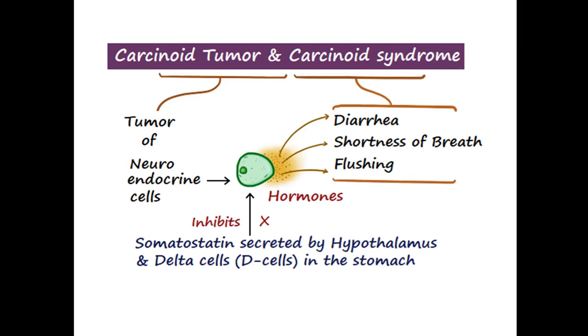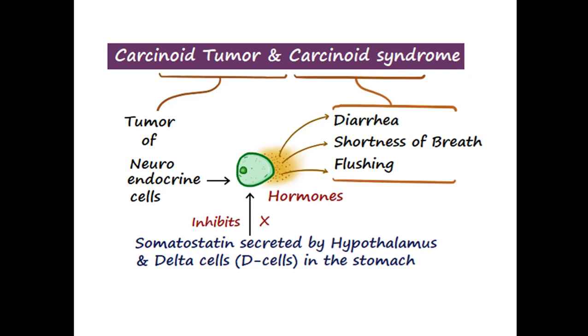But here in the stomach, this somatostatin is secreted by the D cells, and these delta cells in the stomach secrete somatostatin, and this somatostatin will inhibit the secretion of the various hormones from the neuroendocrine cells.